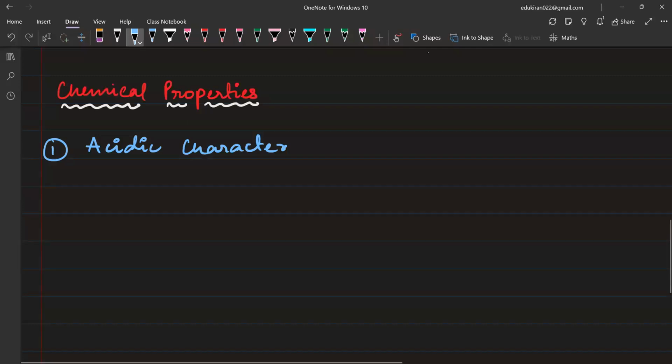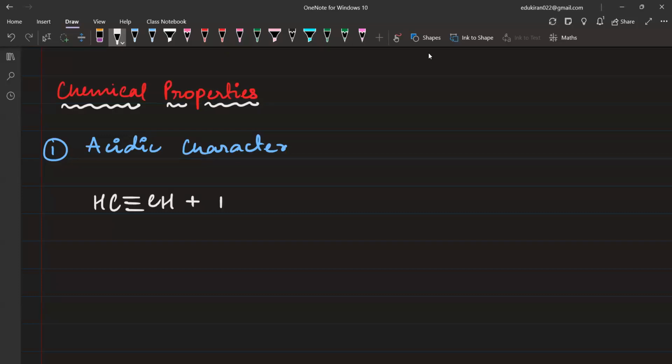How to identify acidic character? You just need to react this with an active metal. So you have H, C triple bond CH, plus, let us suppose, sodium.